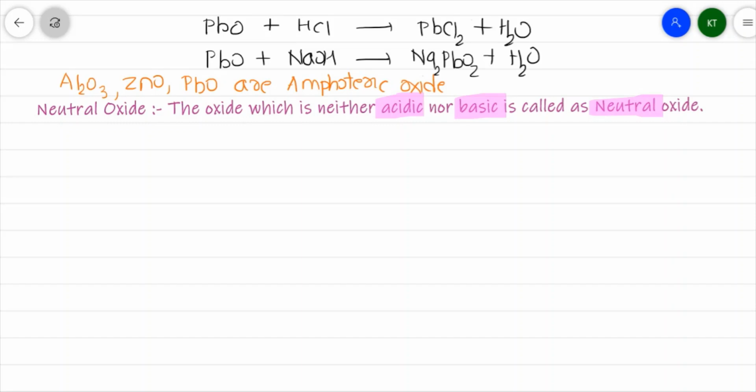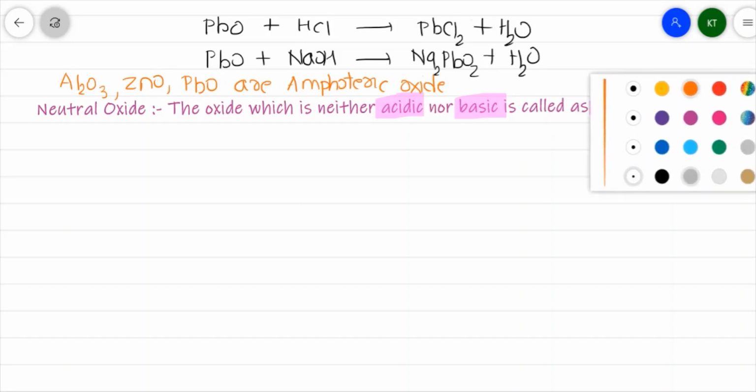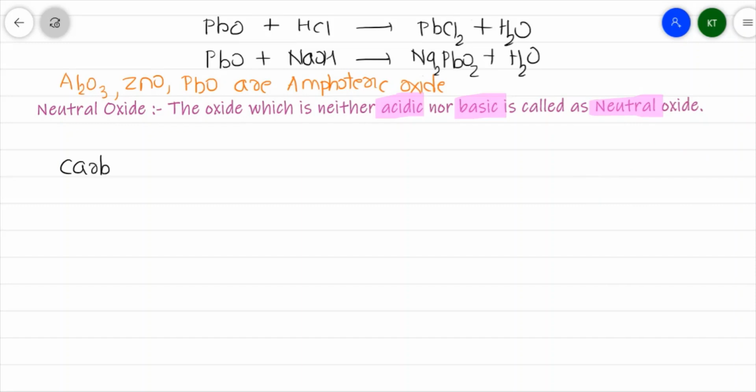So I have an example here to understand: carbon monoxide, that is CO, nitric oxide, and water as a neutral oxide.